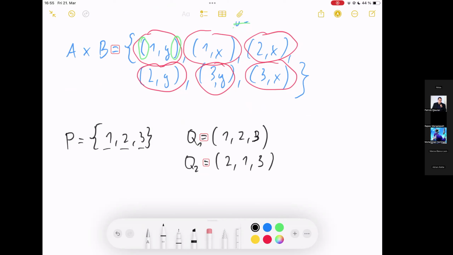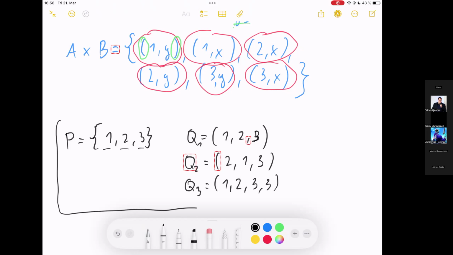It's a different tuple than Q1 because we have a different order. We could also have Q3, which is 1, 2, 3, 3, which is absolutely fine, because in a tuple, we can have the same element repeating. But in a set, we cannot have repeated elements and there's no order. So this is a fundamental difference of two structures, sets and tuples.